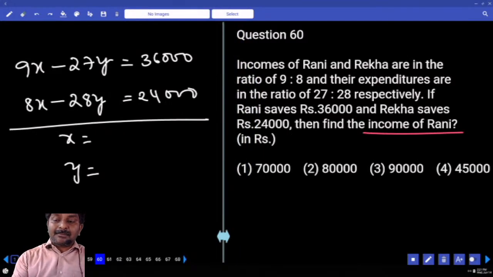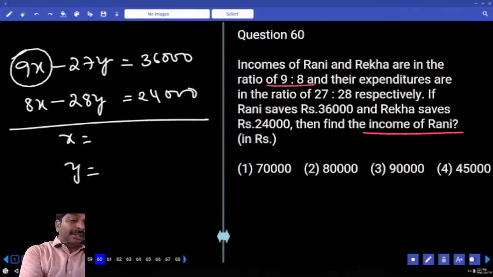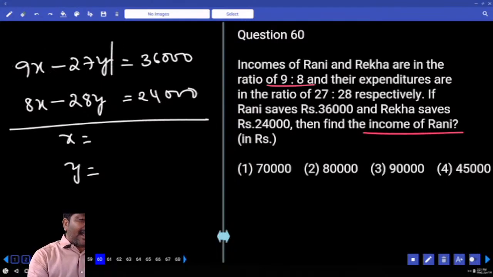If you want income, what value do you want? 9x. That means you need the x value, right? If you want the x value, you need to cancel the y value. That means you need to multiply the first one with 28, the second one with 27. Will it take time or not? That's what I was telling you. It's a time consuming process. There is no other way. You'll have to do it like this only.